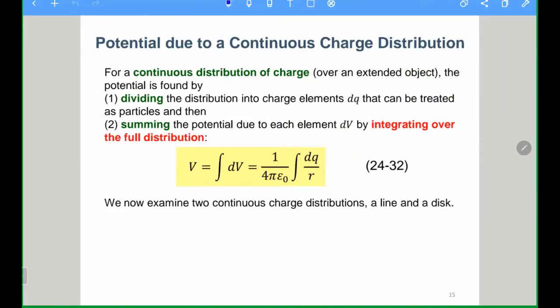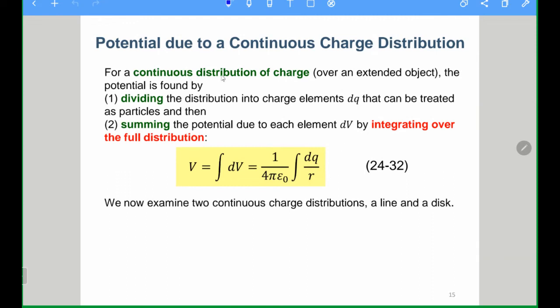Okay, so the next point we introduce is the potential due to a continuous charge distribution. It is similar to what we have done in chapter 22, but here the potential is a scalar, so it makes the calculation easier. So we take similar steps.